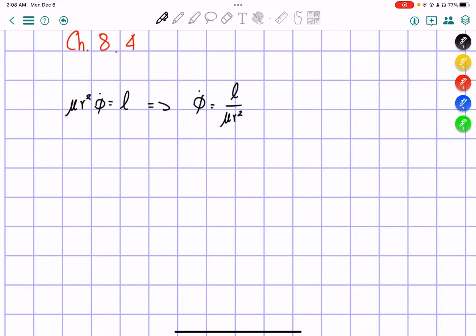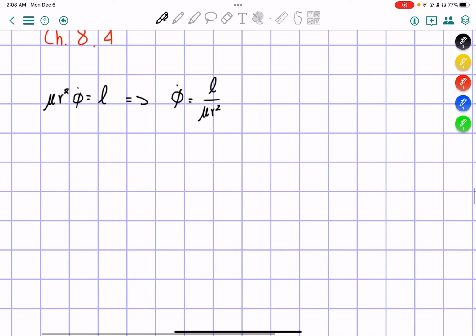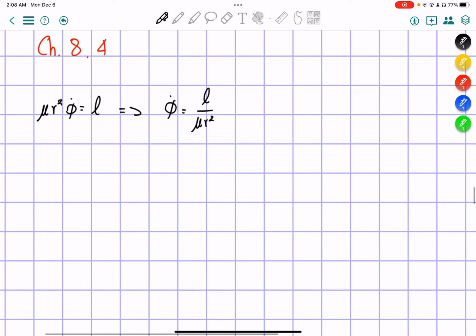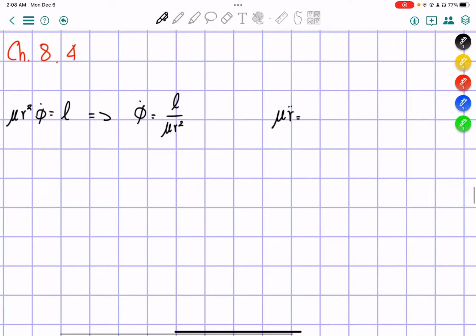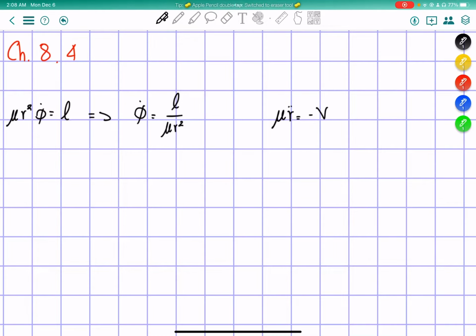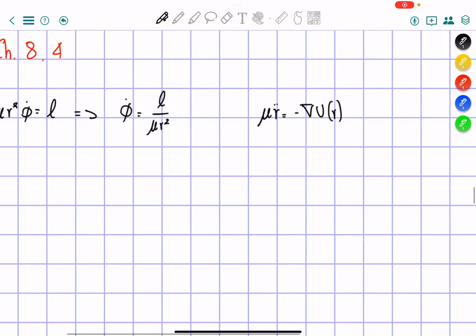Now, if we look at our equation that we found before, it was mu r double dot equals negative, sorry, actually, I'll write it easier, the derivative of u with respect to r, plus mu r phi dot squared.